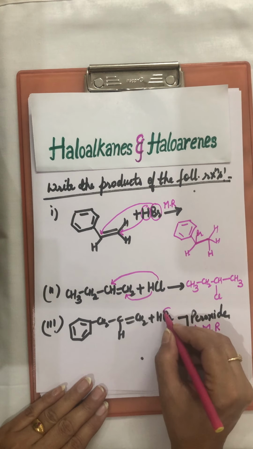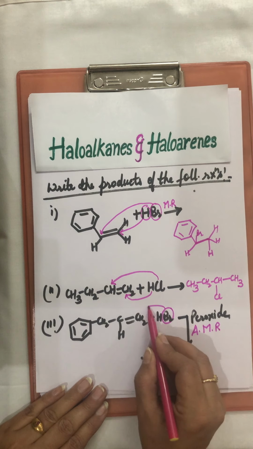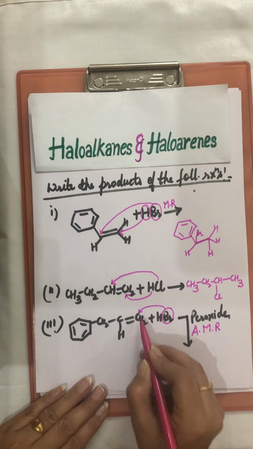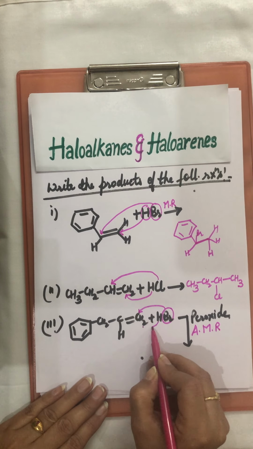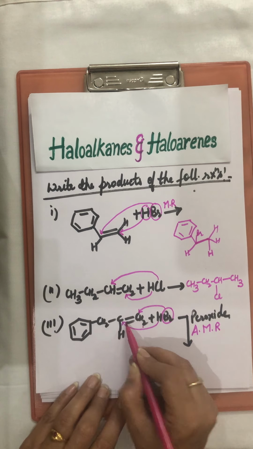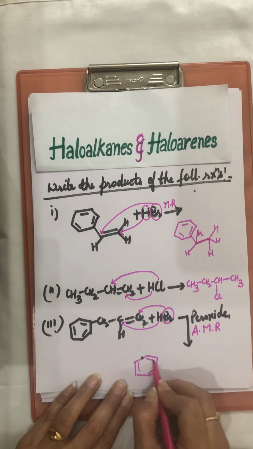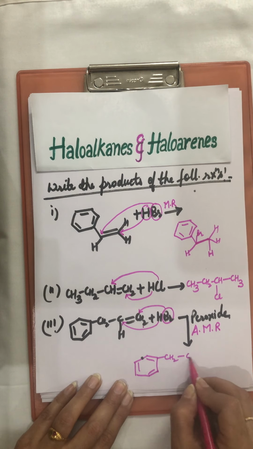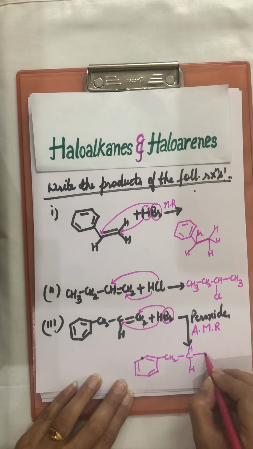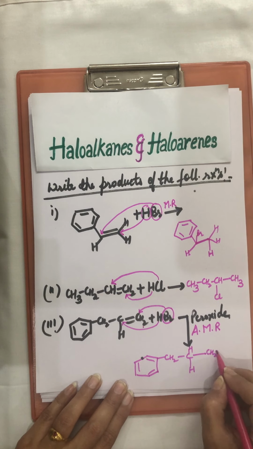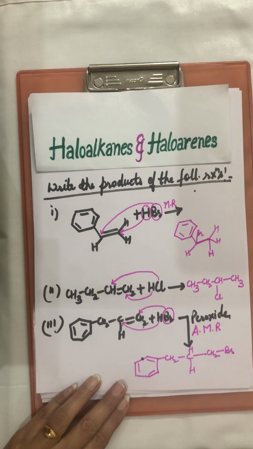That is, now the negative part of the addendum will add to this side of the double bond where hydrogens are more in number, and hydrogen will come to the other side. Hence, we will have hydrogen here, the double bond changes to single, and with this carbon we have Br. This will be the product.